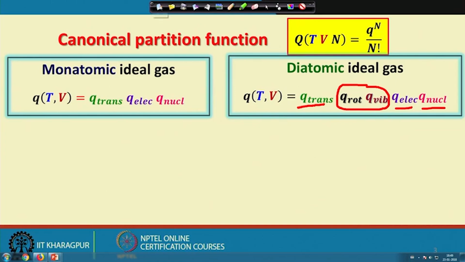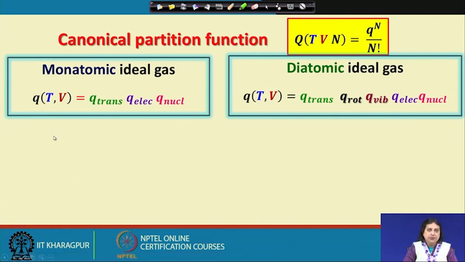Now, if we remember what happens as a consequence of this, we know that we are able to calculate the small q's under certain approximations, and it is possible to show that irrespective of whether you have atoms or molecules constituting the gas, the translational partition function can be written in terms of the volume V in which the gas is present and lambda cube.